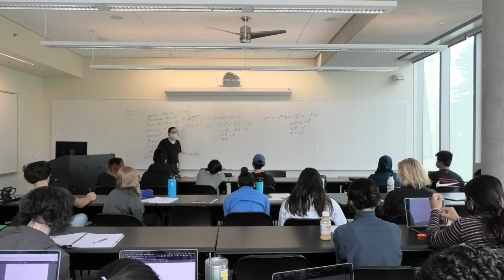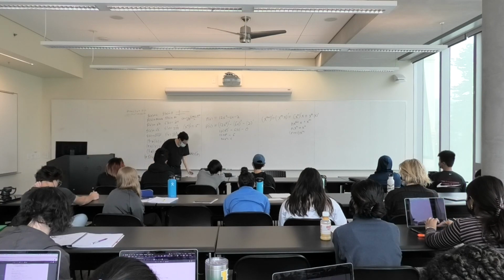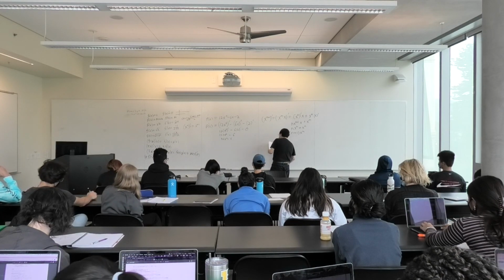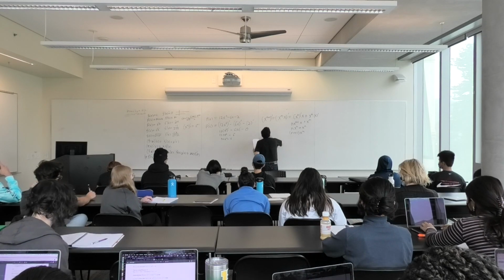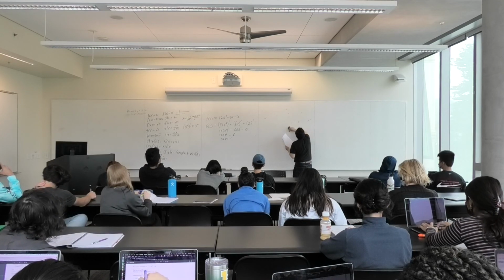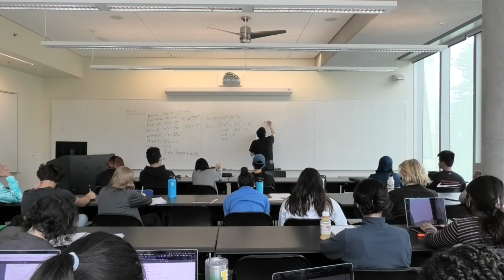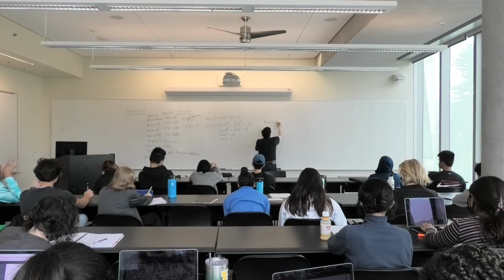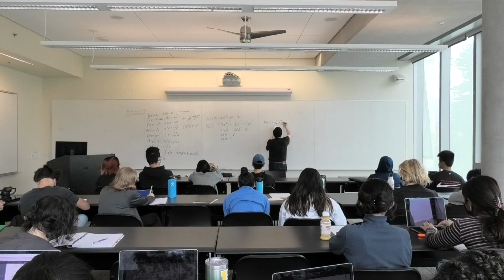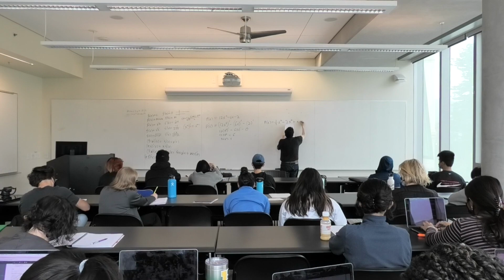A little practice. Let's try that. p of x equals 1/4 x to the 4th minus 2x squared plus x plus 5.